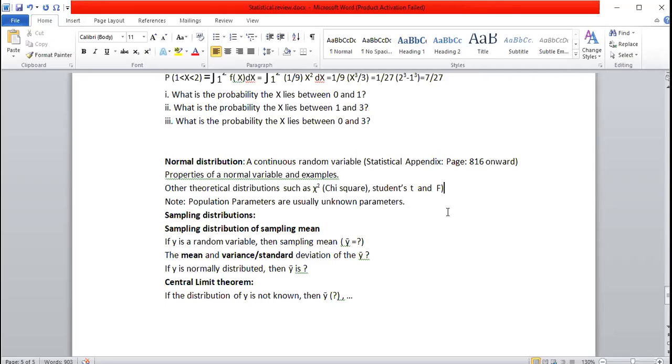If you have a random variable x, whatever variable that is, let's say x is a random variable, normally distributed. Can you know the population mean? Can you know the variance of that distribution?